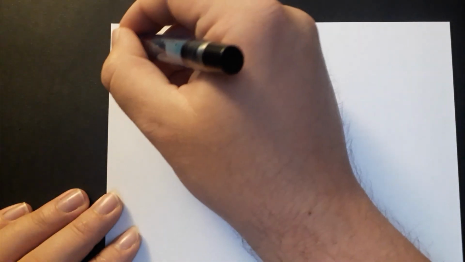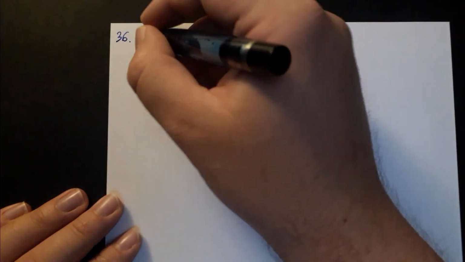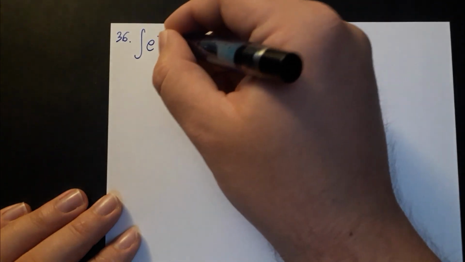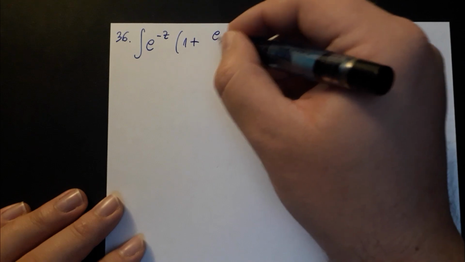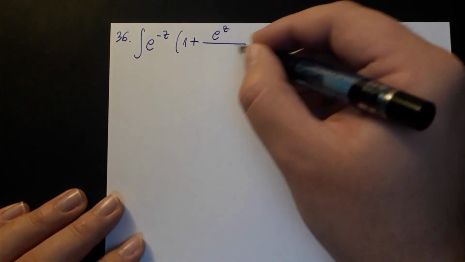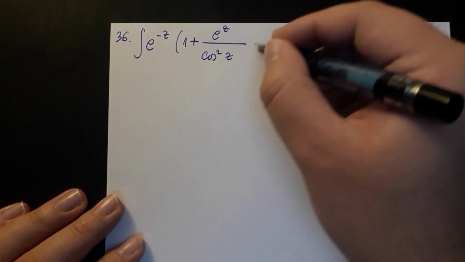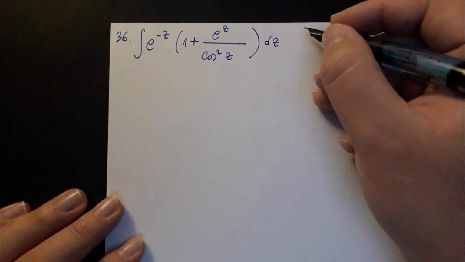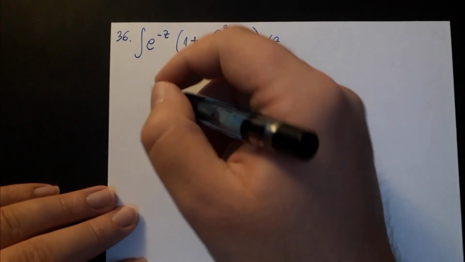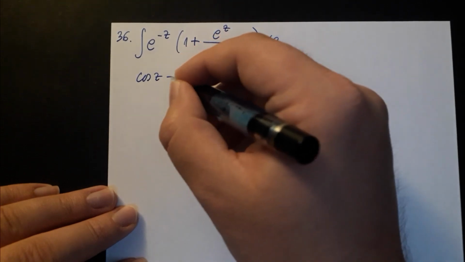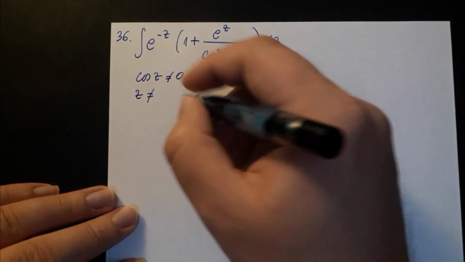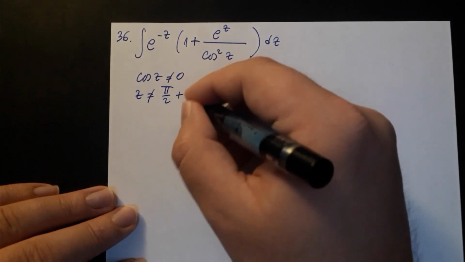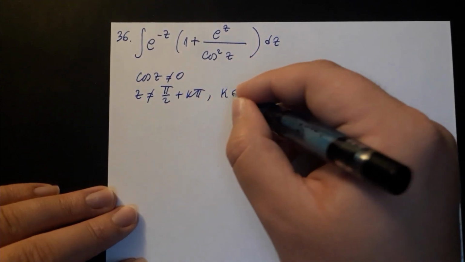Problem number 36 on our list is an integral of e to the power negative z, 1 plus e to the power z divided by cosine squared of z dz. Well, in order for this to be well defined, cosine of z has to be different than 0, and that means that z has to be different than pi half plus k pi, where k is an integer.